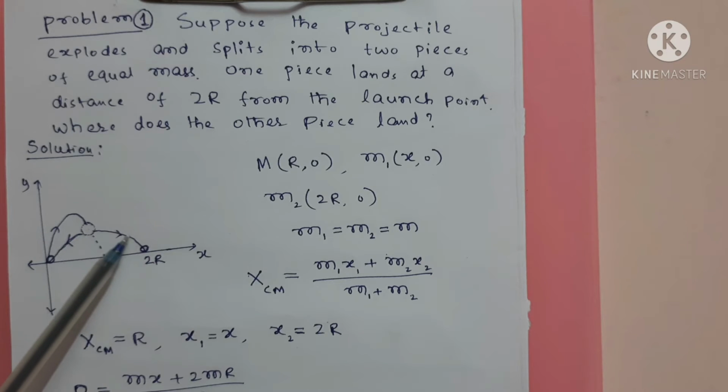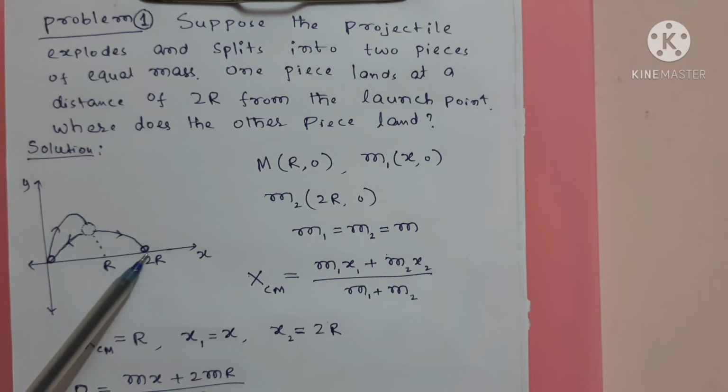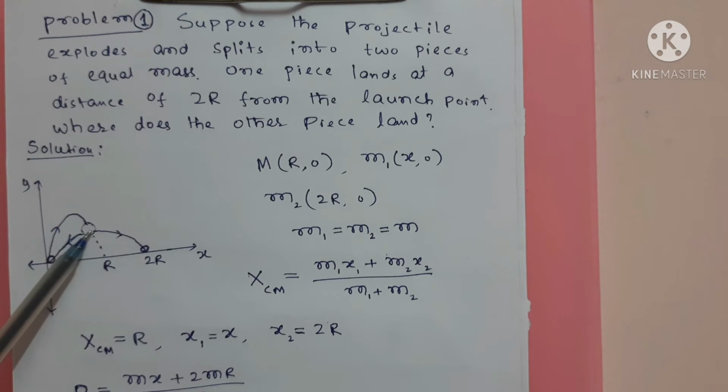One piece has landed here at a distance of 2R from the launching point. The question is, the other fragment has come like this. Where has it landed, we have to find out.